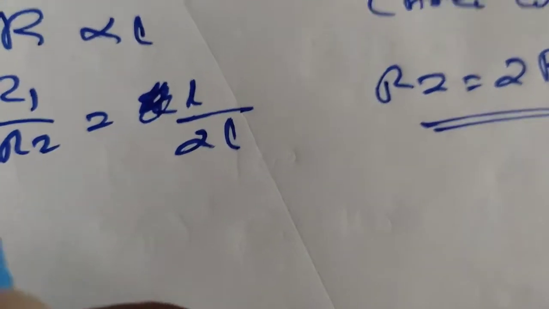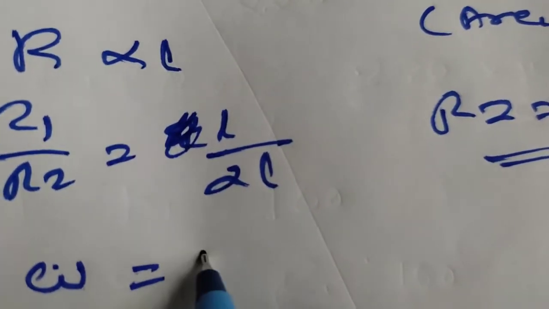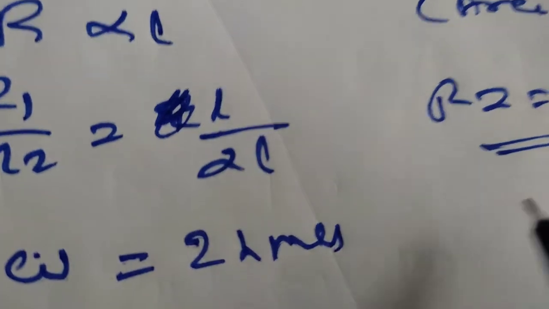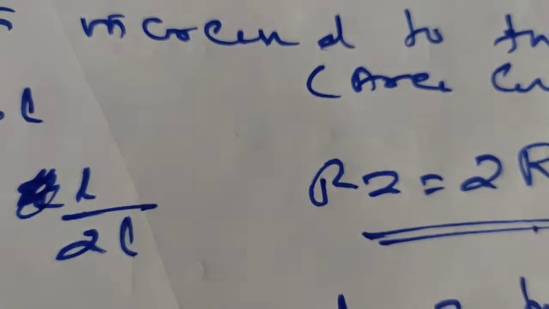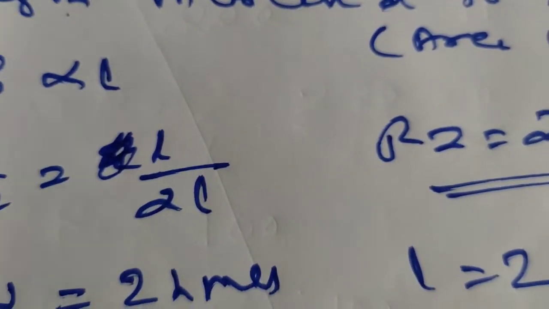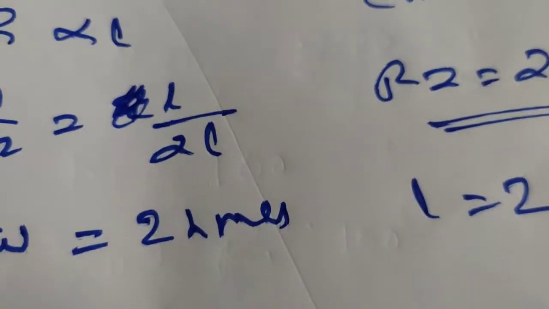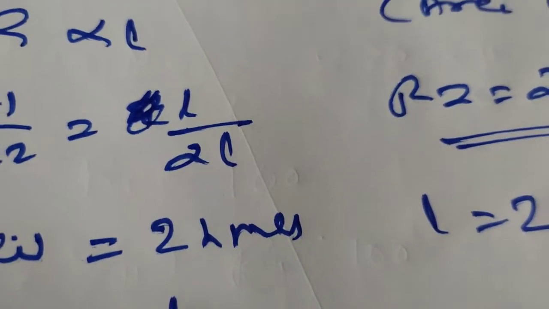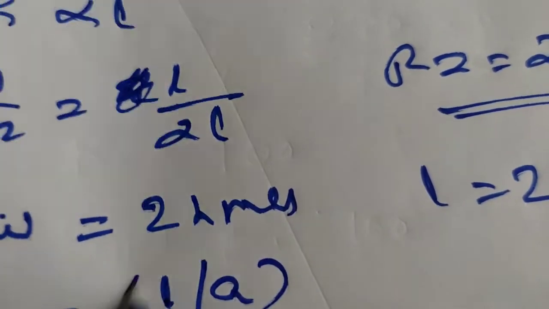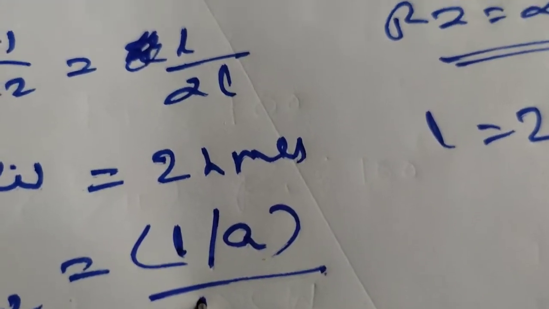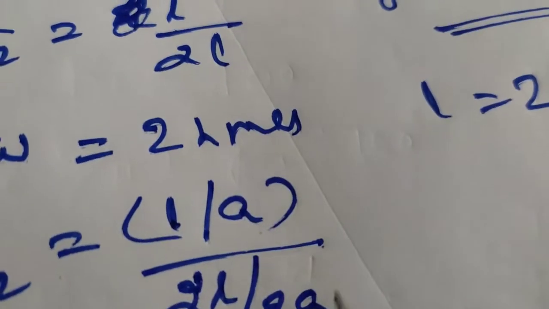Like that, if the area becomes 2 times and the length becomes 2 times, then R1 by R2 is proportional to L by A divided by 2L by 2A.